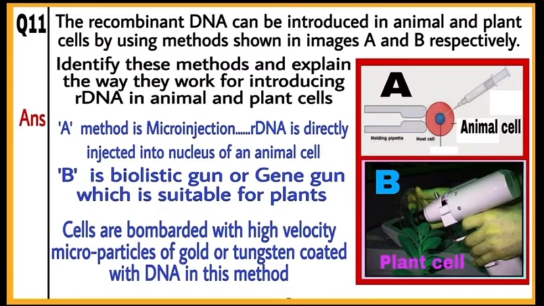In this, recombinant DNA is directly injected into the nucleus of the animal cell. And in figure B, the method used is biolistic gun or gene gun to introduce recombinant DNA in plant cells. Here, cells are bombarded with high velocity microparticles of gold or tungsten coated with DNA.